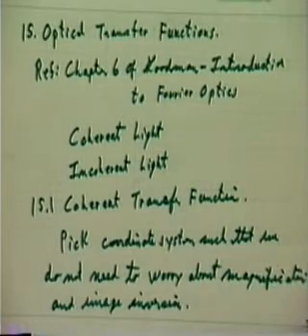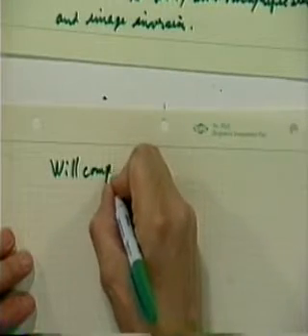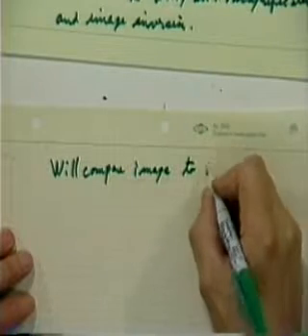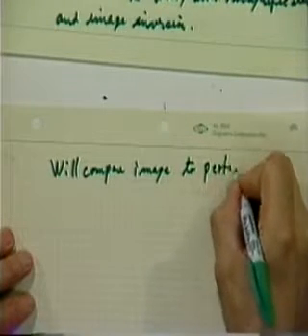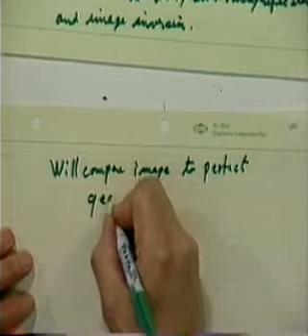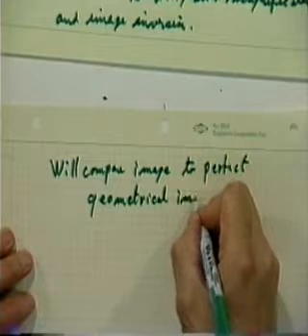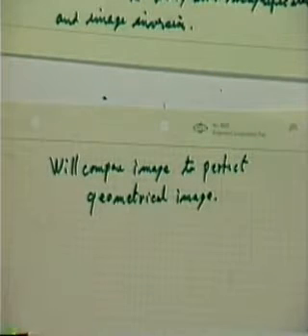And that way we will have taken care of the magnification problem, and we will have taken care of the image inversion. So maybe I should write that down. We'll compare image to perfect geometrical image.